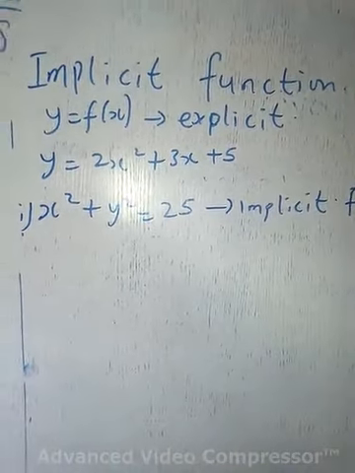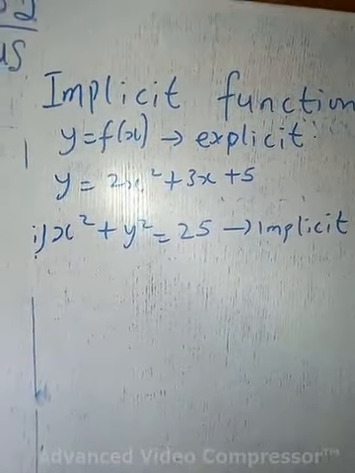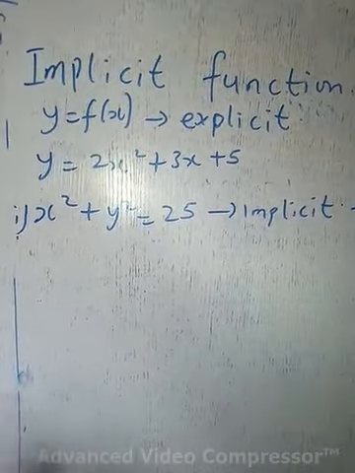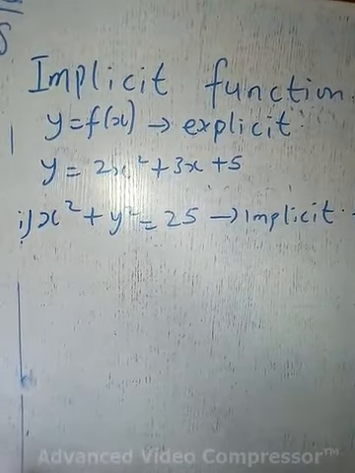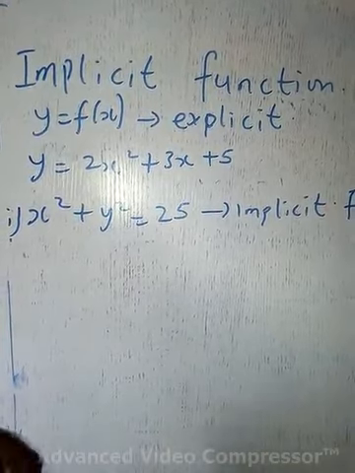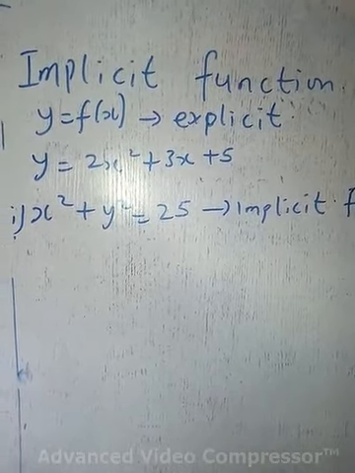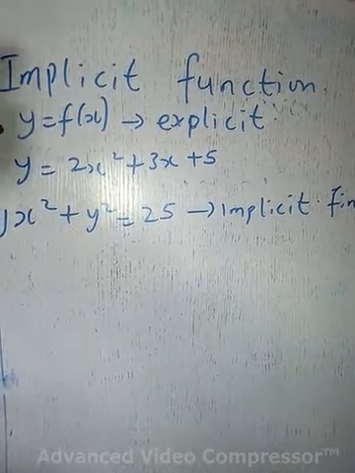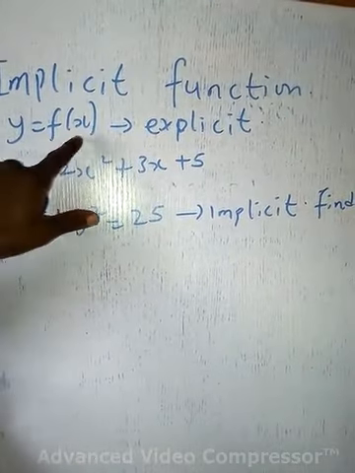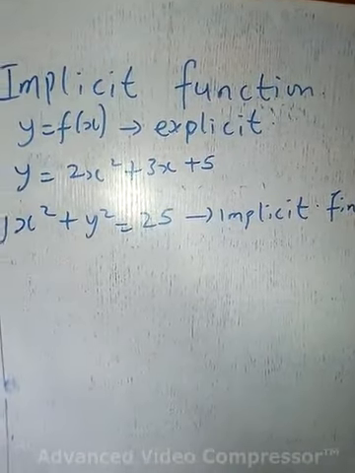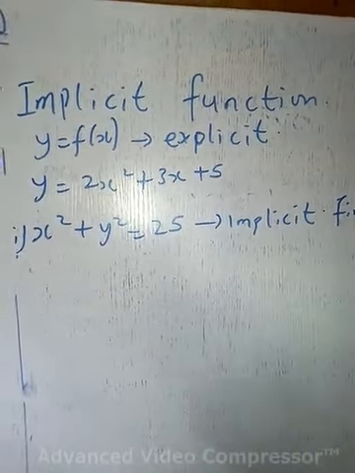Yeah, moving on, we are moving to the differentiation of implicit function. The word they are using here is called implicit, and linguistically speaking, what does implicit mean? Implicit is talking about something that is not clear. When we started our differentiation, we started from the concept of y is a function of x, and this is explicit.